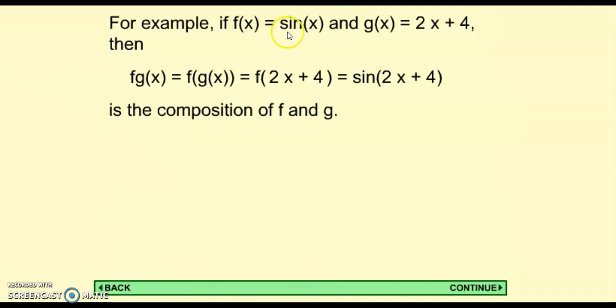It was equal to sine x. So instead of x, which was the input to this function, we just have inserted 2x plus 4. So here is the domain of f function, and instead of this domain, that is x, we have replaced it with 2x plus 4, which was the output of this g of x function. So g of x becomes input to our f function.